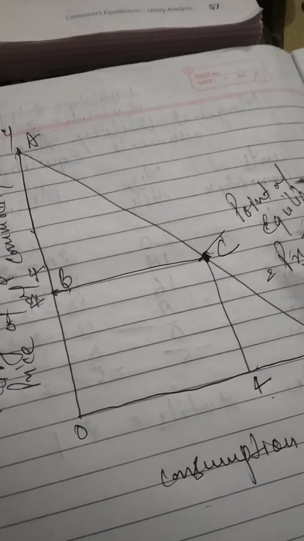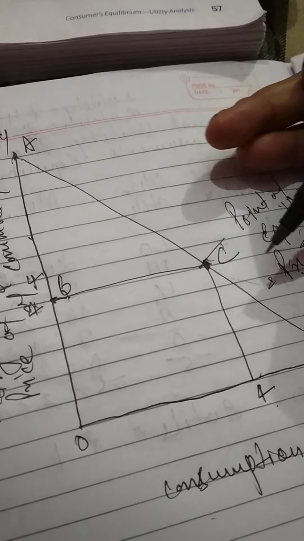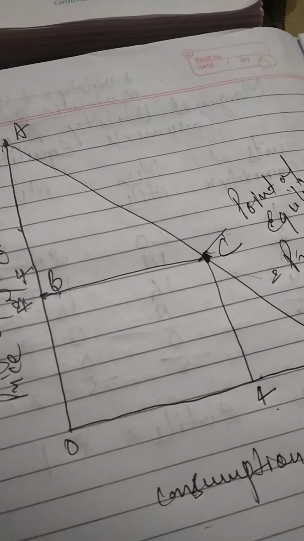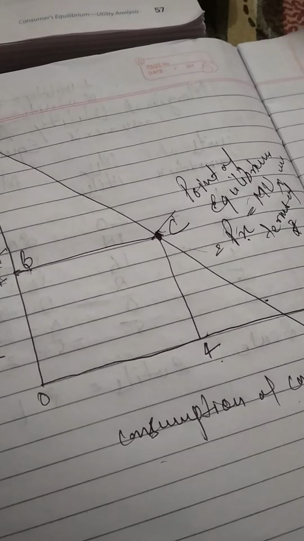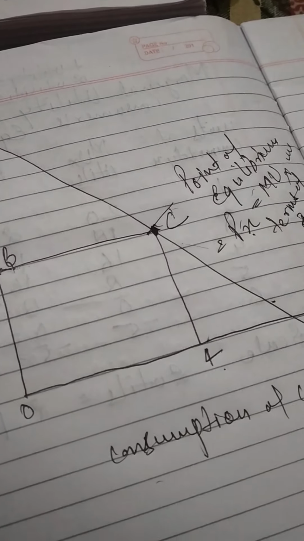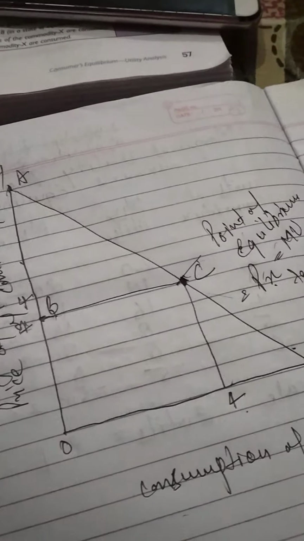As we consume one more unit, our marginal utility starts declining and the curve comes downward. PX indicates the market price of the commodity. It is fixed for the consumer. Here we have taken 4.